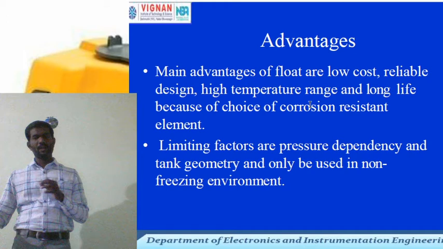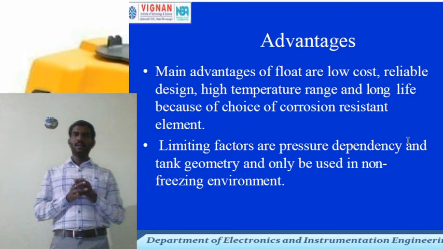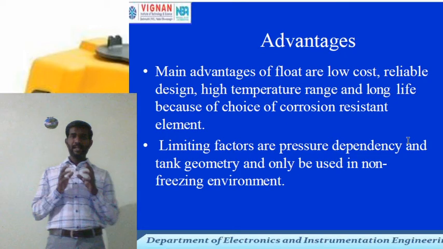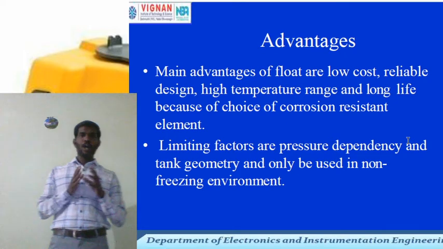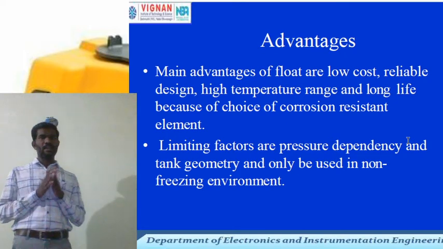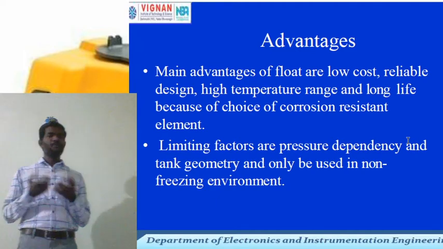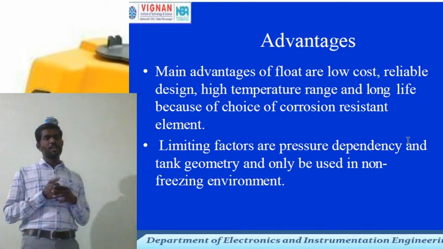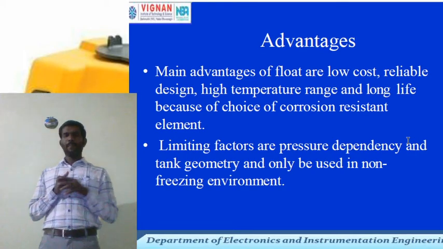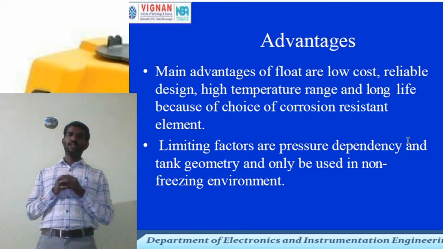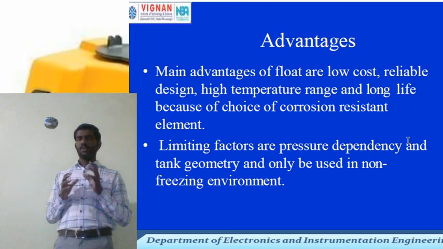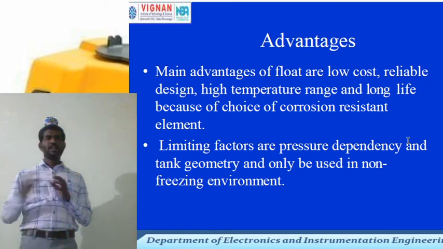The main advantages are that floats are very low cost and reliable in design, with a high temperature range and long life because of the choice of corrosion-resistant elements, such as stainless steel and phosphor bronze. The limiting factors are pressure dependency, and tank geometry is also an important factor. This float type is suitable only for non-freezing environments.